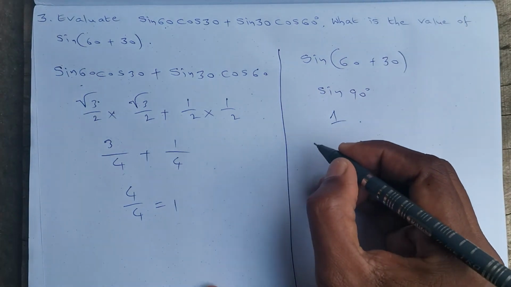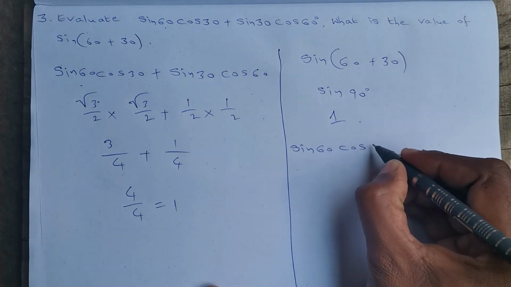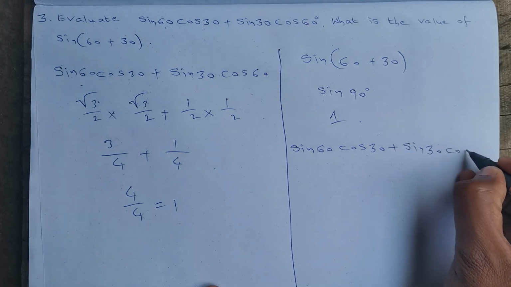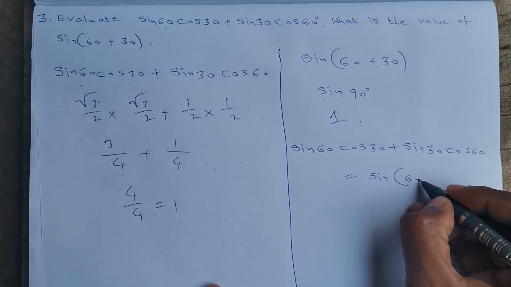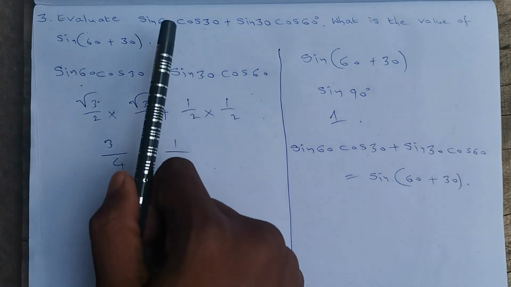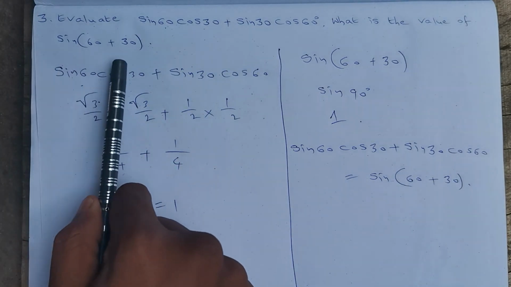So from this we can conclude one thing, that is sin 60 cos 30 plus sin 30 cos 60 is equal to sin of 60 plus 30. Sin 60 cos 30 plus sin 30 cos 60 is exactly equal to the value of sin of 60 plus 30.